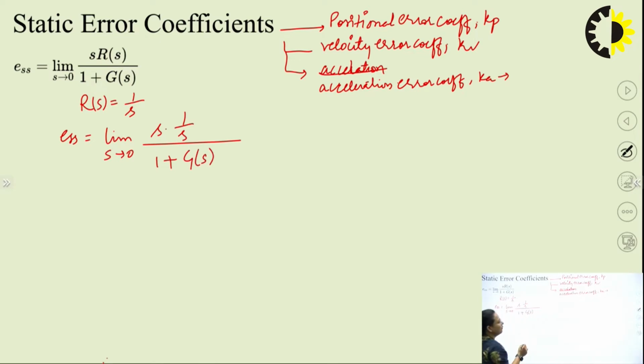Here I am taking the unity feedback system, so Hs is equal to 1 for this system. If it is not, then I can put the value Gs into Hs here.